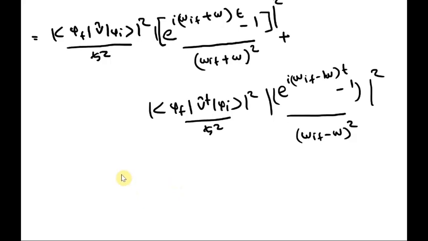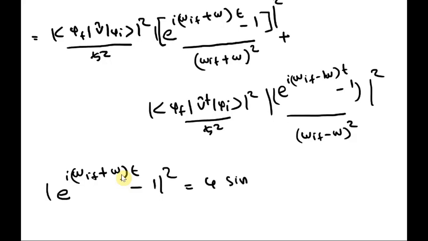That is going to be something like e raised to i (omega_if plus omega) t minus 1, square of it, which can be reformulated into 4 sine square of (omega_if plus omega) by 2 times t.